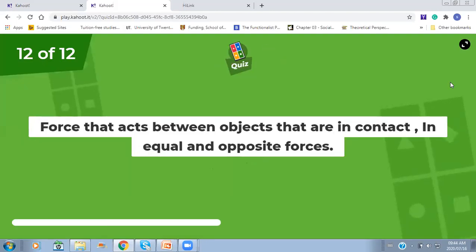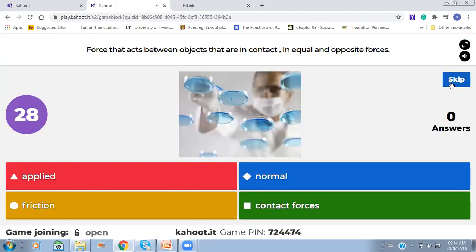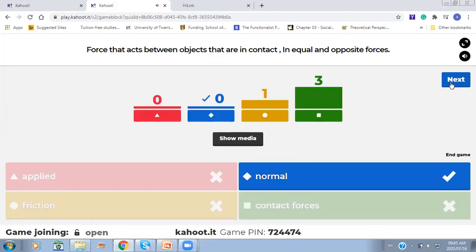Forces that act between objects that are in contact, in equal and opposite forces, are... All right, great.